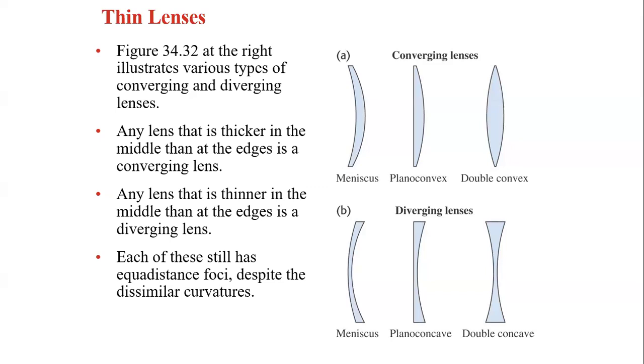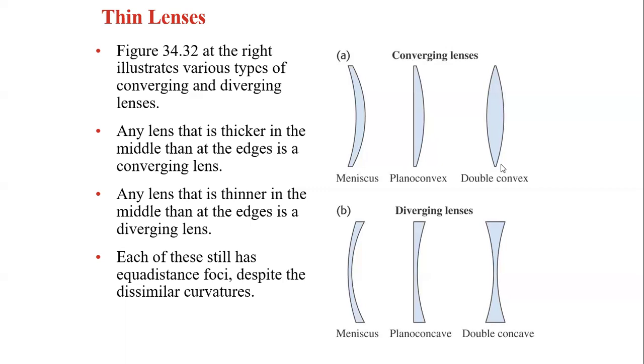The most familiar and widely used optical devices are called lenses. A lens is an optical system of two refracting surfaces. It's like this one, converging lenses like this, two spherical surfaces close enough together that we can ignore the distance between them.